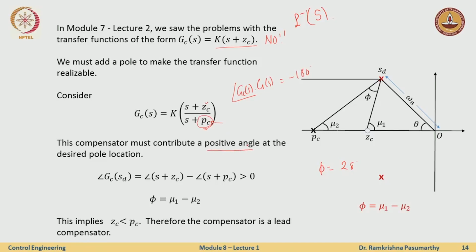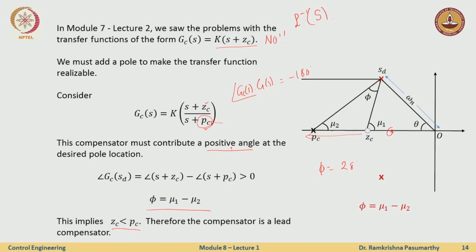For it to contribute a positive angle, the pole should be to the left of the 0. It will not work if I have a 0 here and a pole here, for this reason. So the first conclusion, before we go further, is that I just cannot have only a ZC, I need to place a pole. Where do I need to place the pole? To the left of the 0, because of the positive angle condition.